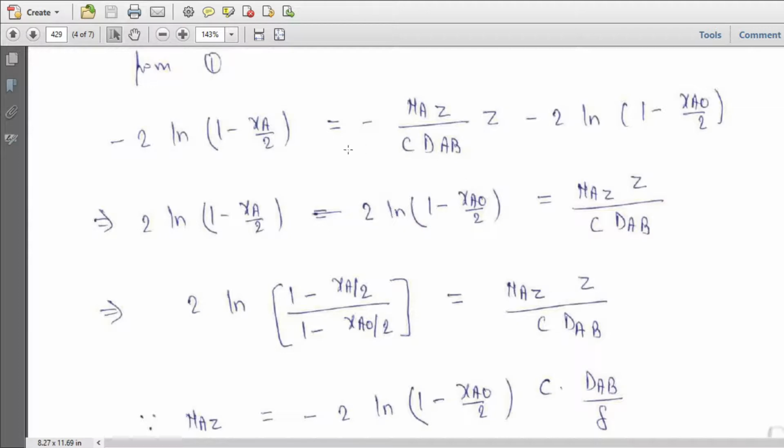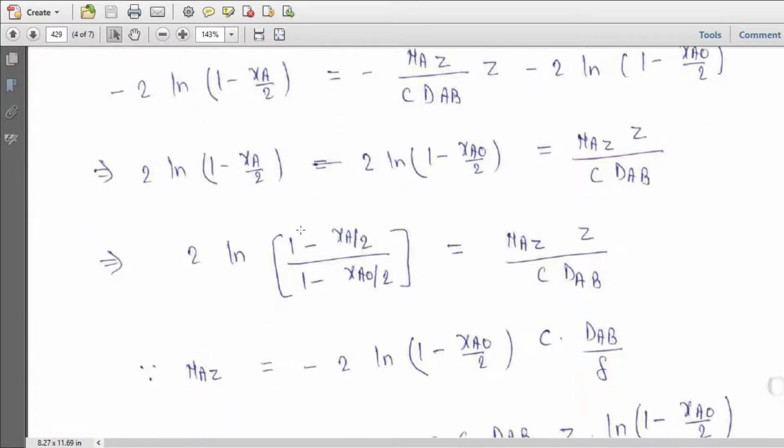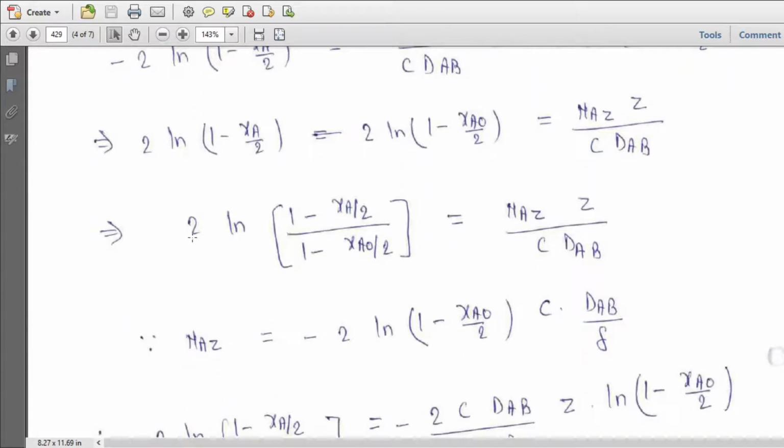So we can take this term to this side and write the expression for NAZ Z/(C DAB). We can simplify these two expressions, and we will get 2 ln[(1 minus XA/2)/(1 minus XA0/2)] equals NAZ Z/(C DAB).